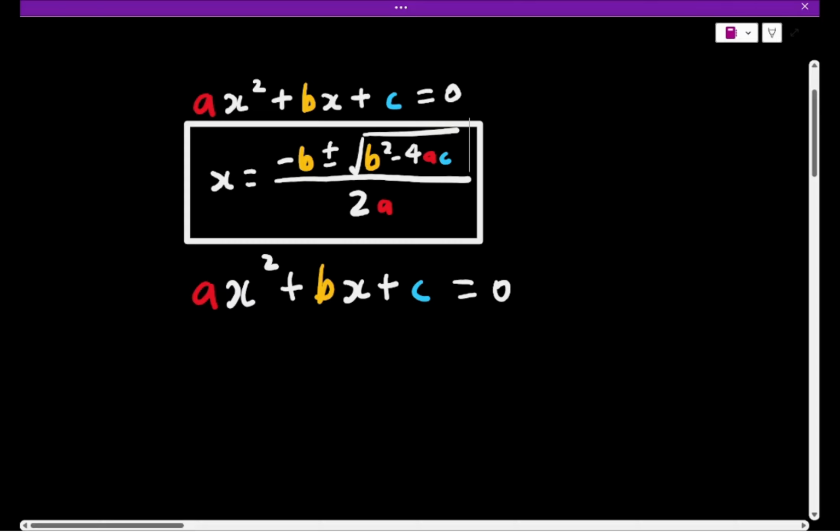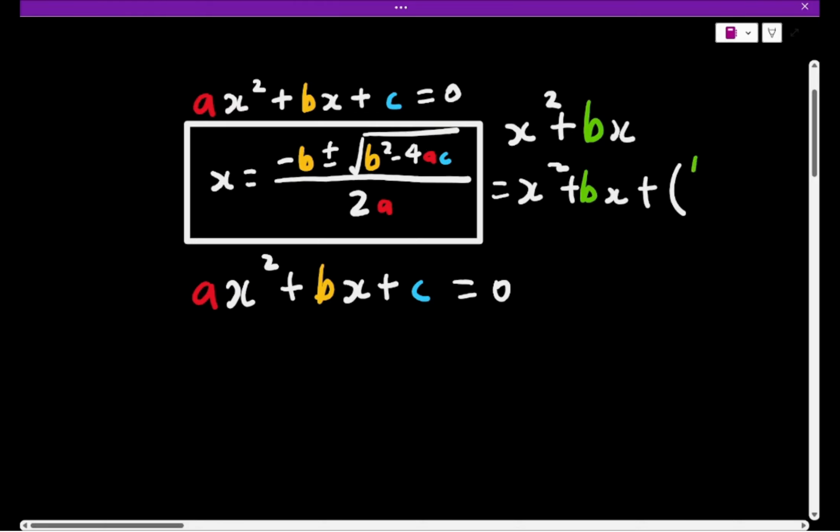The first thing to note is that we are going to be using the concept of completing the square. To recall what completing the square is, let's consider x squared plus bx. To complete the square for this expression, we take b divided by 2 and square it.